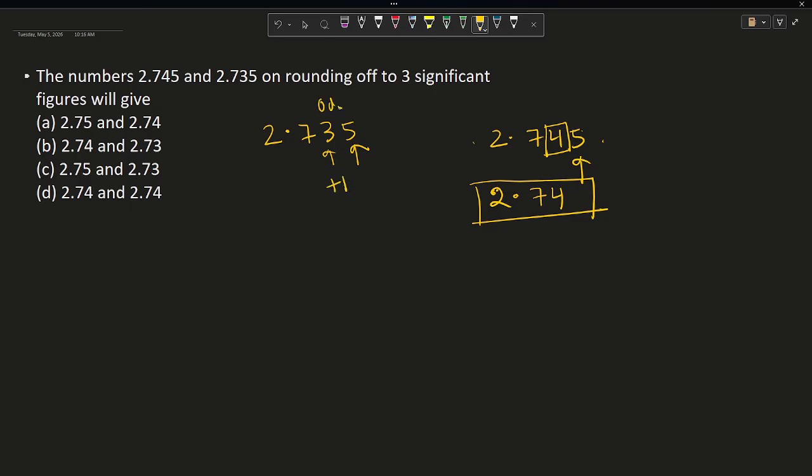For odd, the digit will increase by 1. For even, the digit will remain unchanged. This is the rule only if the digit is 5. So the final answer will be 2.74 and 2.74. So option D is the right answer.